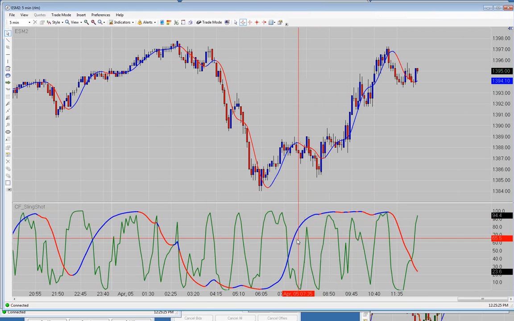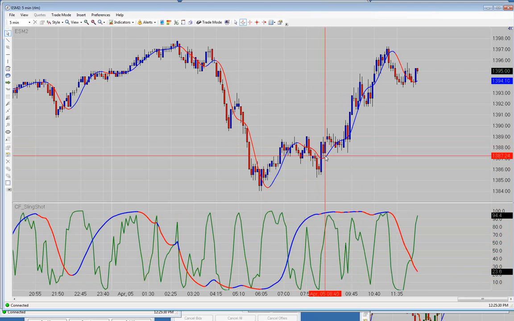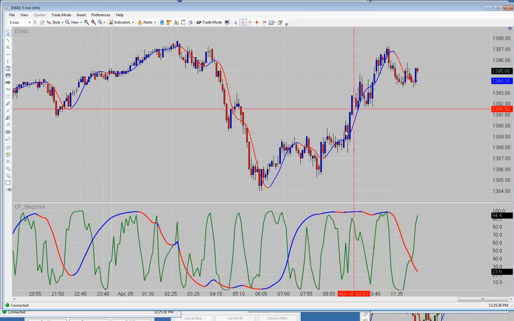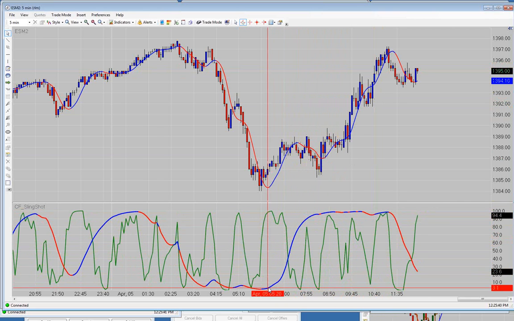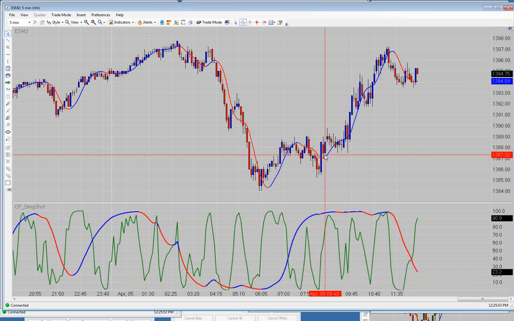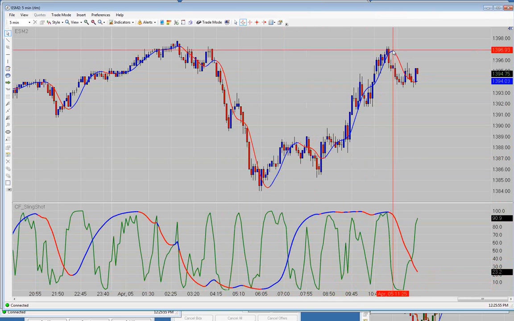Just looking at this, you can see when there are divergences and price closes on the other side of the MA1, price usually goes in that direction. You see that? The first clue was when this, which is the normal S3 cycle, moved up. That suggested that the move down was ending. Then you had these divergences and the closes up above, the pullback down to the MA1, and up it went.